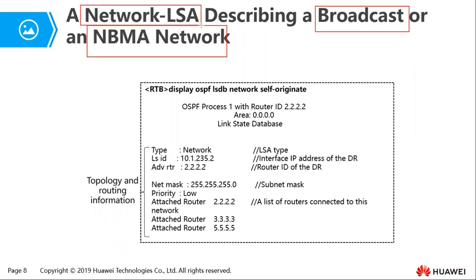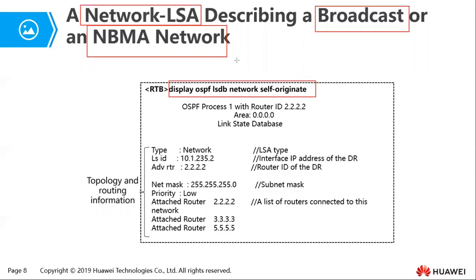So network LSA is used to describe all the routers that are attached to either a broadcast or an NBMA network with the interface of the designated router. So all the routers that have been connected to the DR. Network LSA is used to really specify that. So let's look at the components of the type 2 LSA, network LSA.